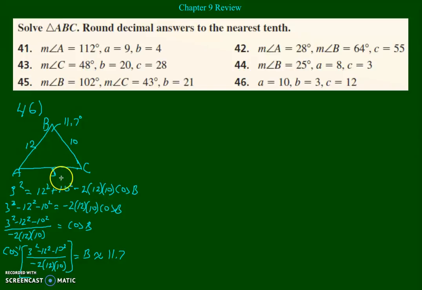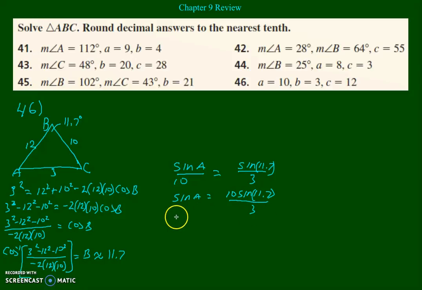Now we're going to want to find the next smallest angle using law of sines, which is going to be angle A. And so we're going to do sine A over 10 equals sine 11.7 over 3. Sine A equals 10 sine 11.7 over 3, and take the arc sine.